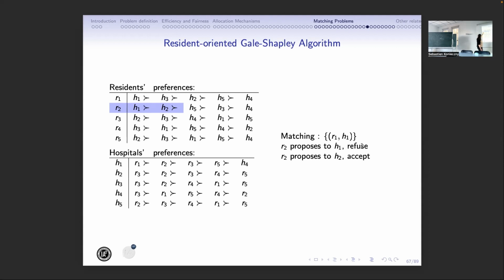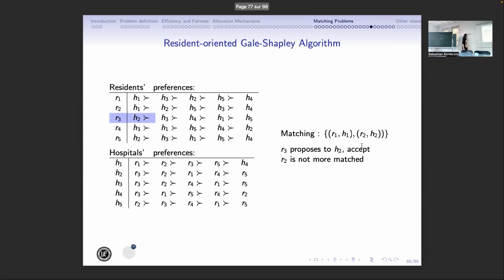So R2 will then make a proposal to H2, her second hospital, and H2 is not matched to any resident, so it will accept the proposal. So at the second iteration, we have R1 with H1 and R2 with H2.